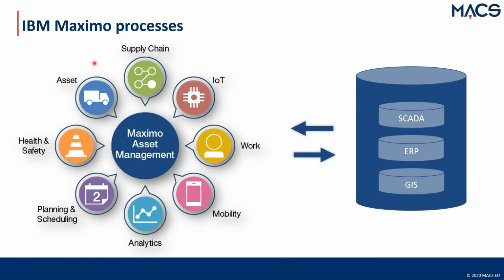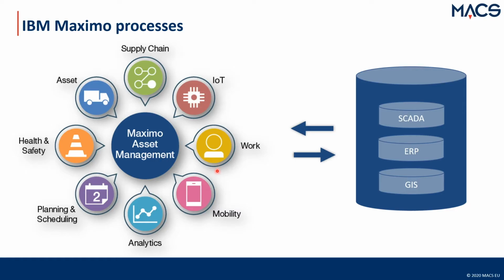In the center, we can see the asset, because it has an asset module where you have the possibility to do asset management in a very broad way, with meter readings, condition monitoring, and the possibility to build your failure hierarchy and failure codes, to make it possible for the technician in the work module to report those failures in a good way.